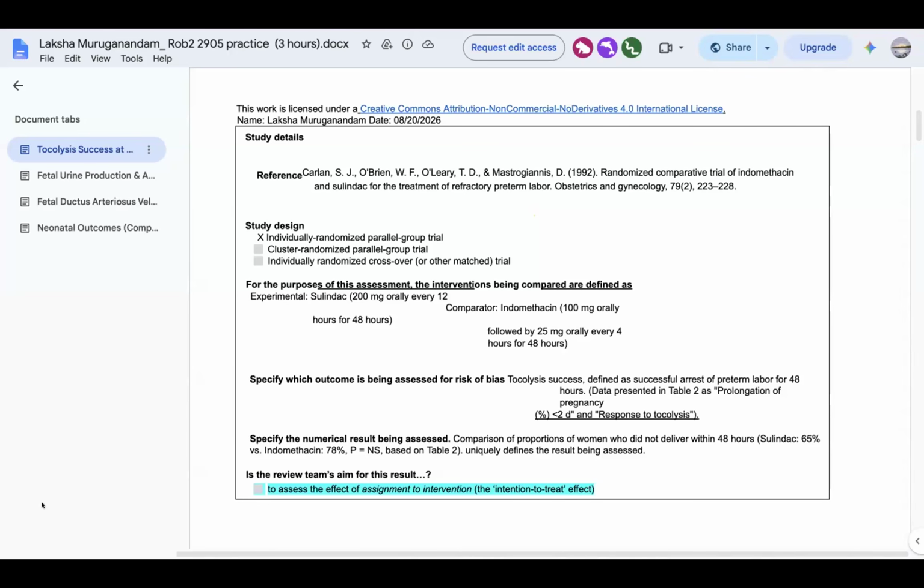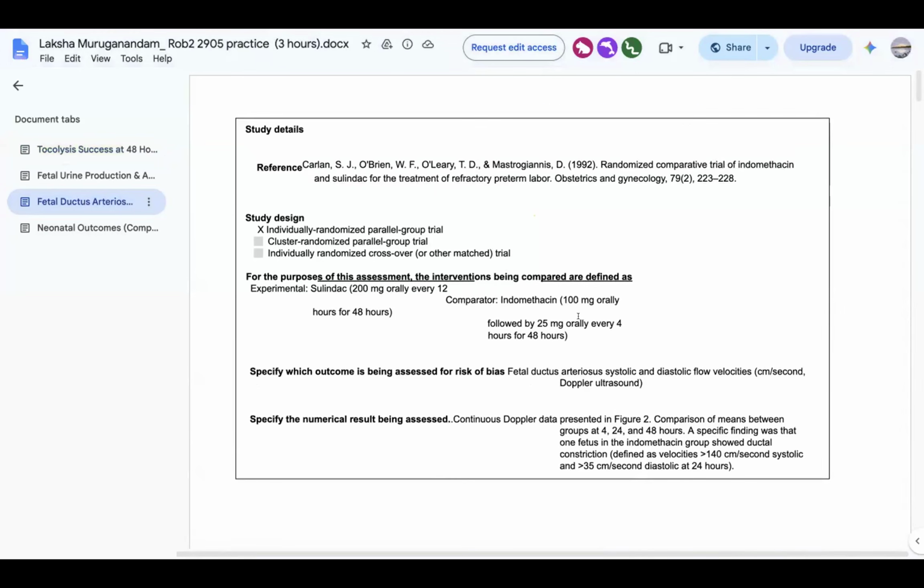All right, so let's go to her fetal ductus arteriosus outcome data, of which she's just kind of doing all the velocities at all the times together in one ROB2. All right, so we'll see if she did it and we like it and we can approve her, which would be great because, again, the more people that we approve, the more progress we can make.